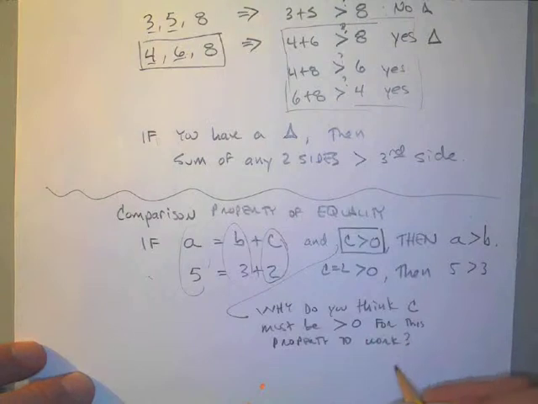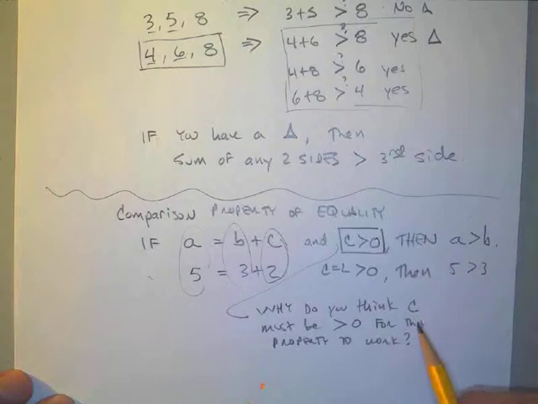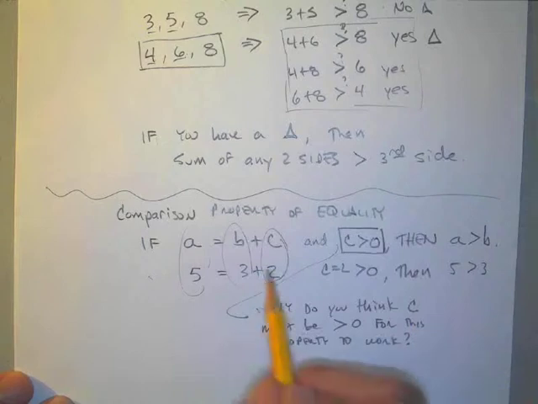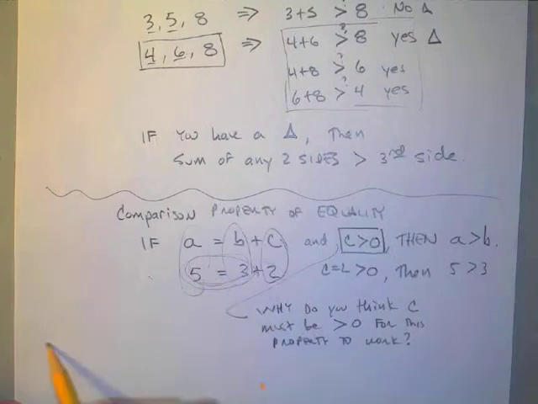What do you think? I'll give you a hint. If C is not bigger than 0, what could C be? Well, it could be equal to 0, or it could be less than 0, like a negative number. I would like you to think about what happens if C is equal to 0, or if C is less than 0. What happens to this part of the property where A is supposed to be bigger than B?